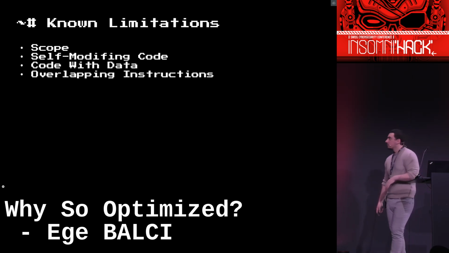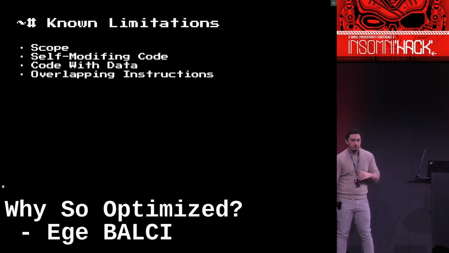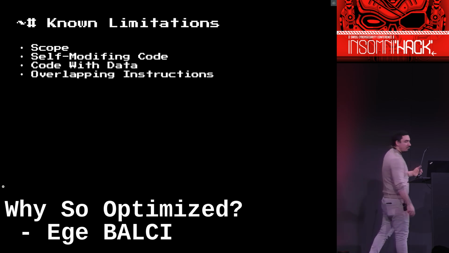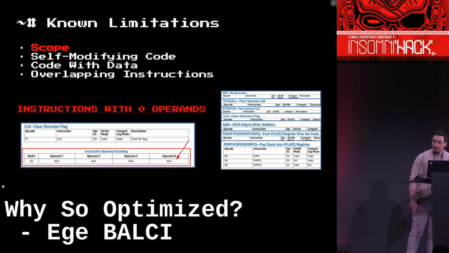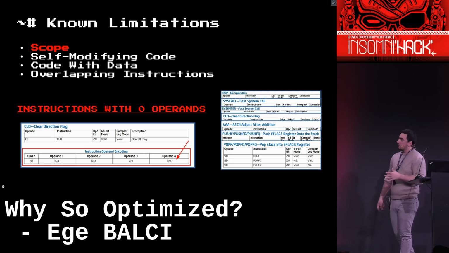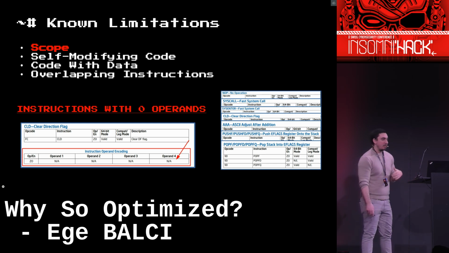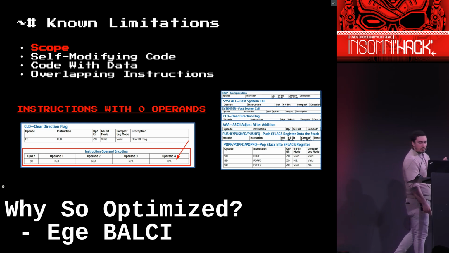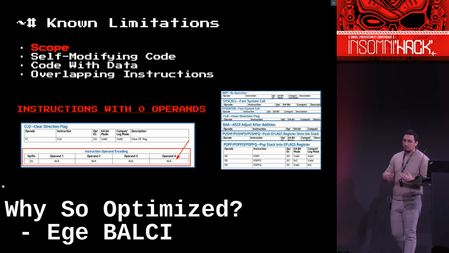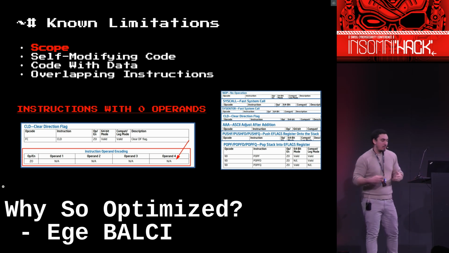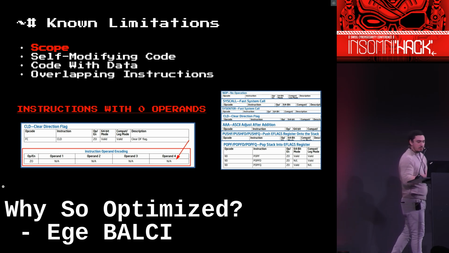And of course, there are some known limitations with these methods. First of all, the scope is limited, as I explained in the beginning. There are some instructions that do not take any operand values, such as NOP or POPF, PUSHF, AAA, CLD. So it's not possible to mutate them.